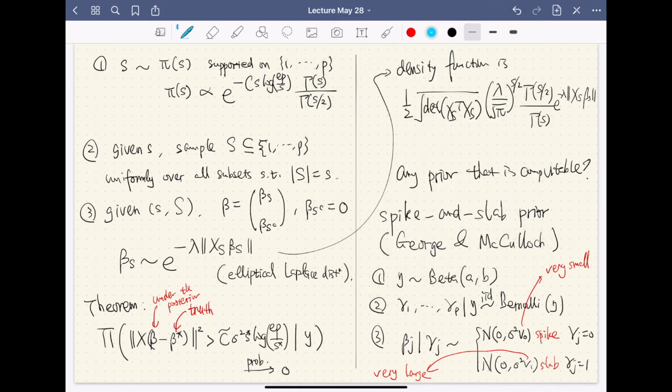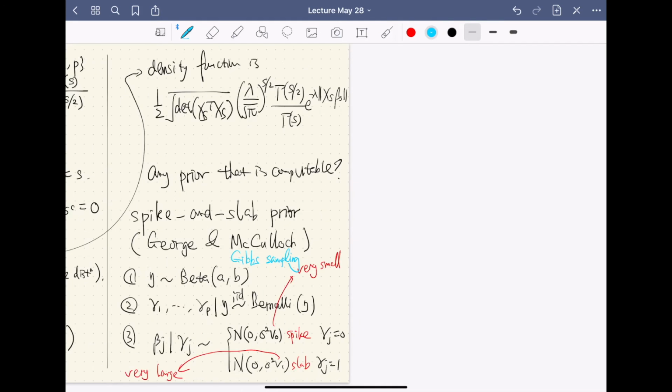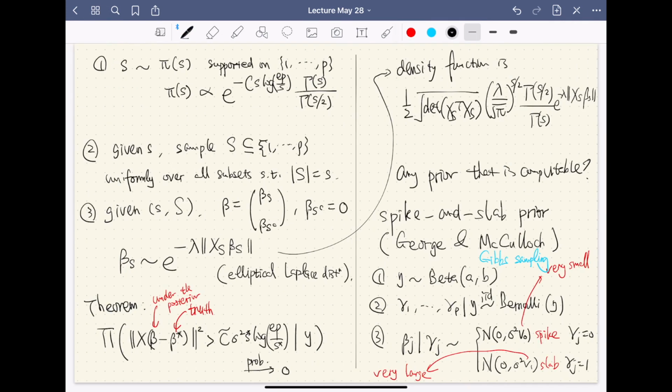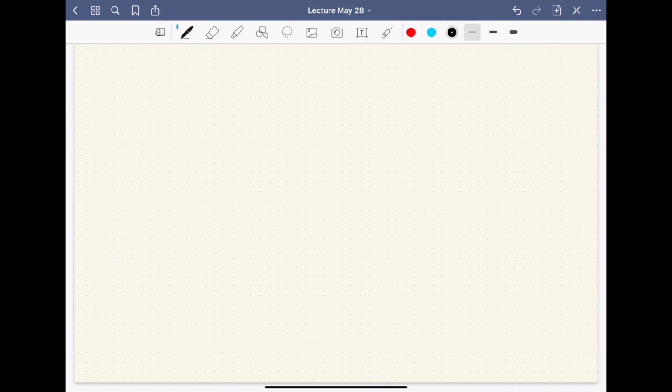In the original paper by George and McCulloch, they use Gibbs sampling. But actually, Gibbs sampling is still quite slow. It turns out you can derive efficient deterministic algorithms to sample from this posterior. So there are two methods.